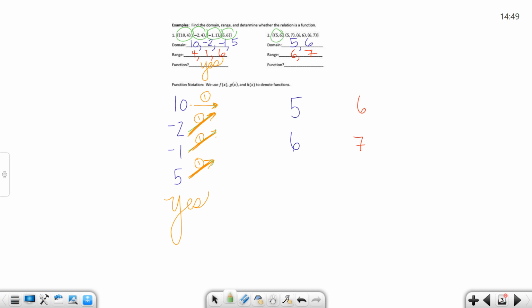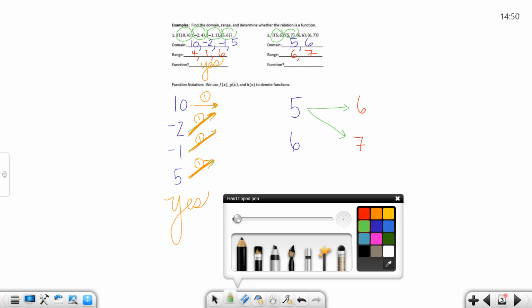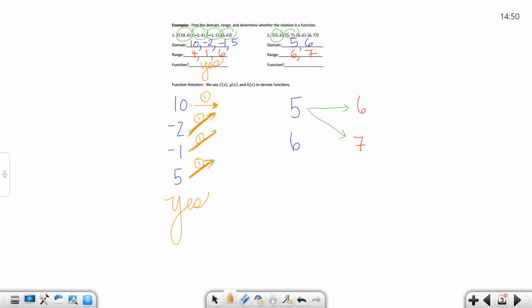My first ordered pair says I'm going to take the value 5 and send it to 6. And my second one says I'm going to take the value 5 and send it to 7. And I can stop there. Did 5 go to exactly one number? No. That means it is not a function. So that's how that little part would look.